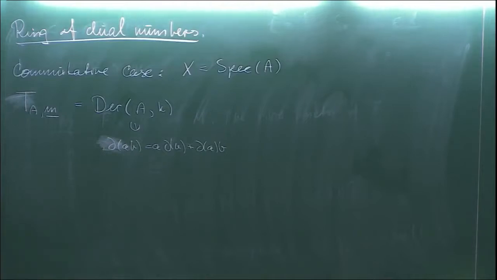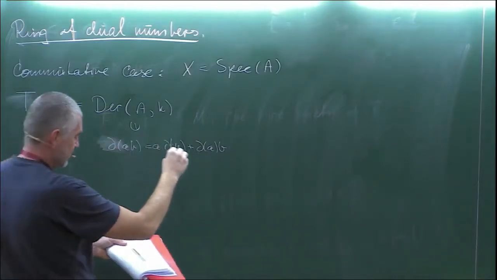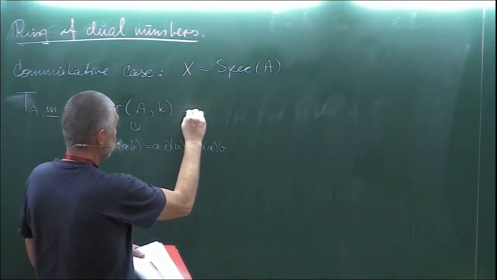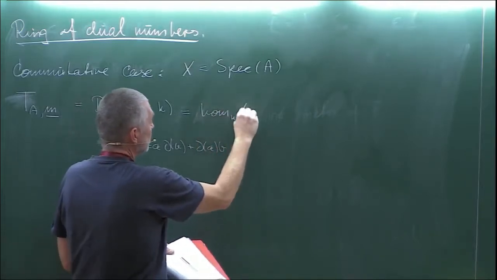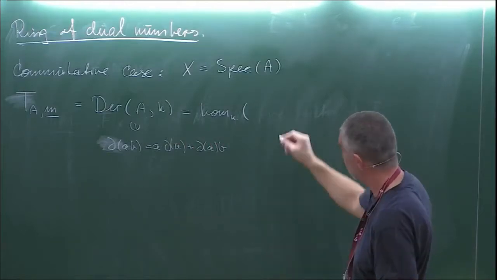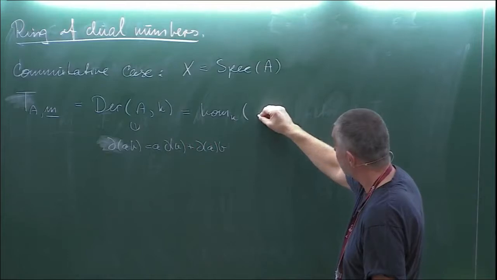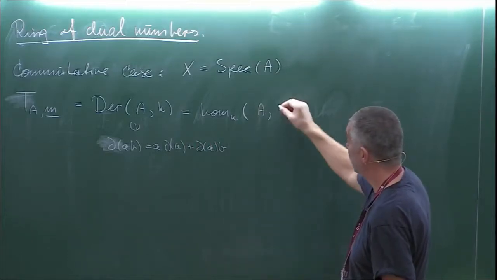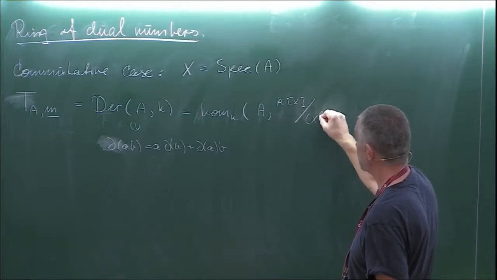When it is commutative, it's of course not. This is the derivations, and this is equal to the homomorphisms over K from A to K[x] divided out by x squared.